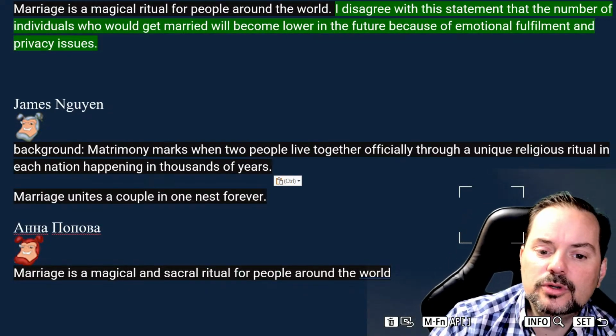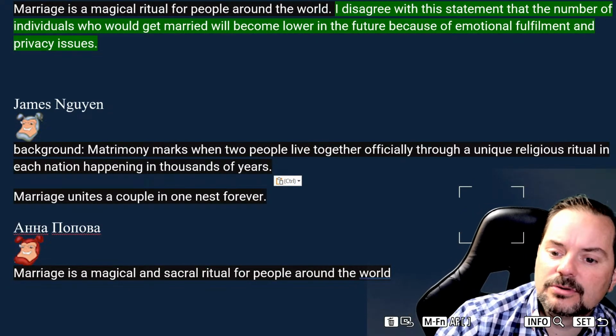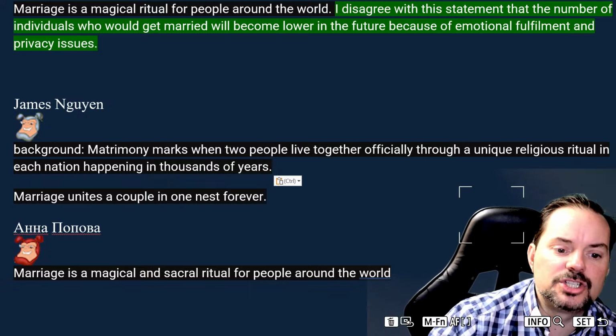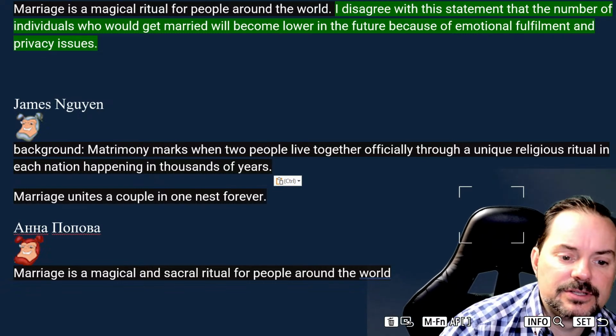Matrimony marks when two people live together officially through a unique religious ritual in each nation happening for thousands of years.